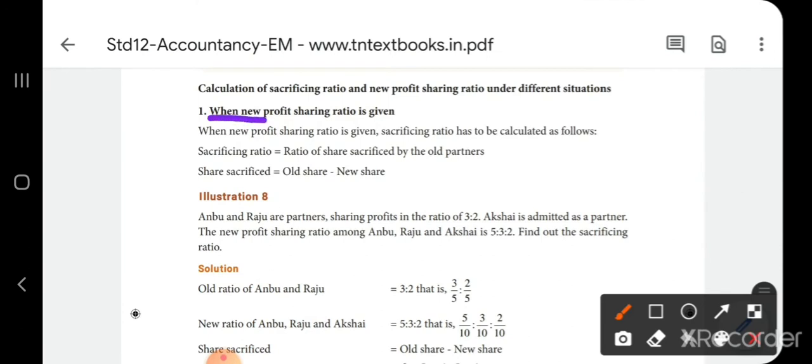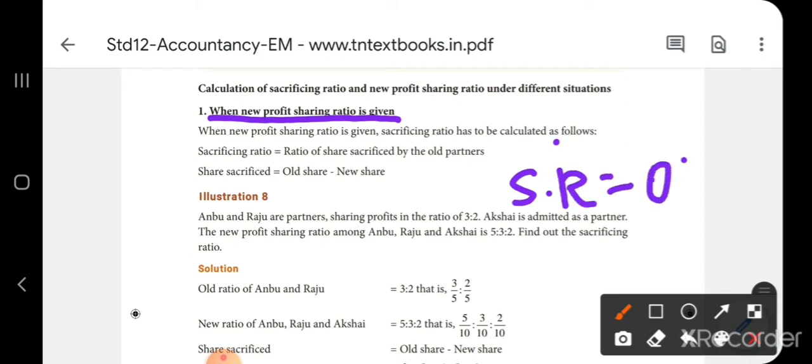When the new profit sharing ratio is given, the sacrificing ratio is to be calculated. What is the formula for sacrificing ratio? Sacrificing ratio is old ratio minus new ratio. Okay.